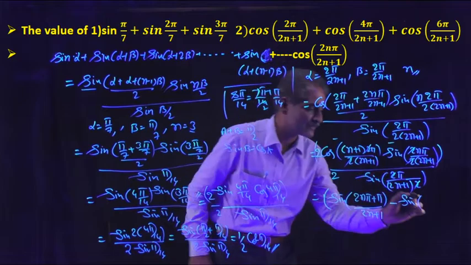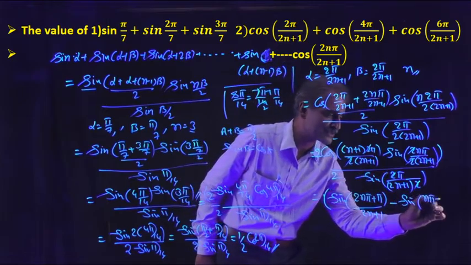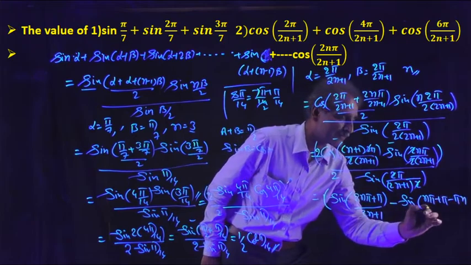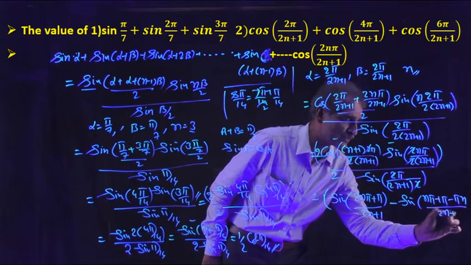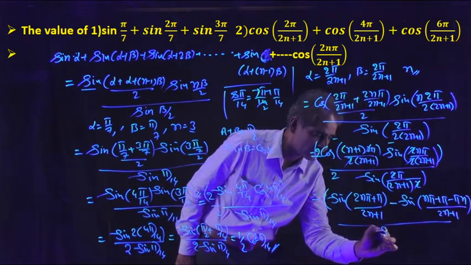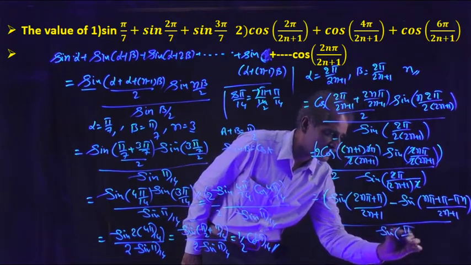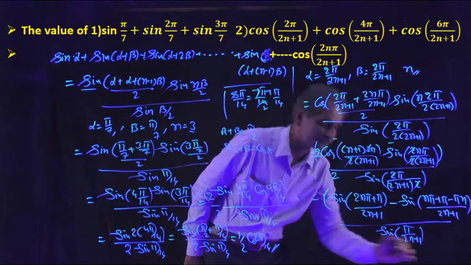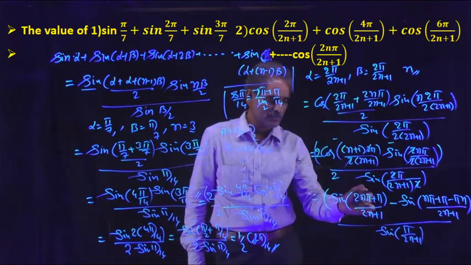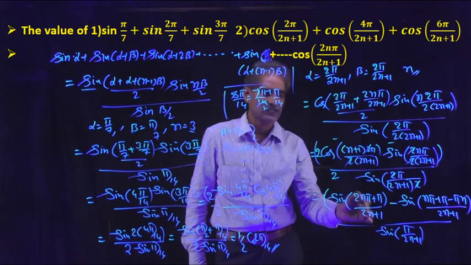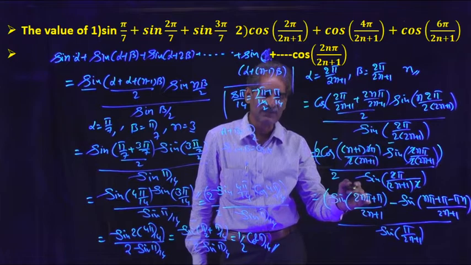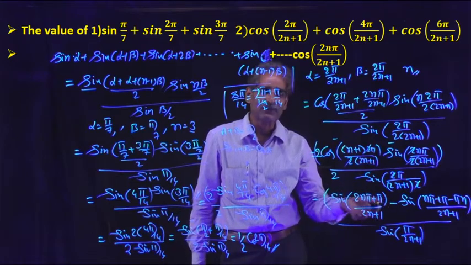That means n pi plus pi minus n pi, by (2n plus 1), whole divided by sin of pi by (2n plus 1). So just observe that if you take pi common, the (2n plus 1) cancels. So sin pi is 0. Sin of an integral multiple of pi is always 0.